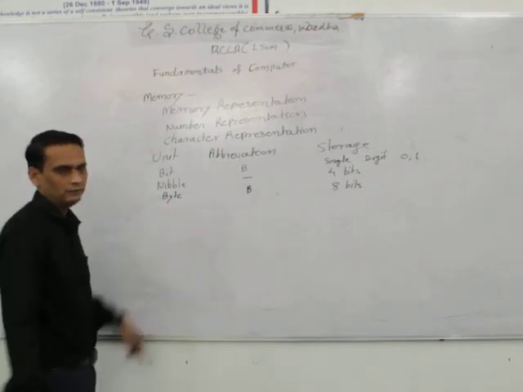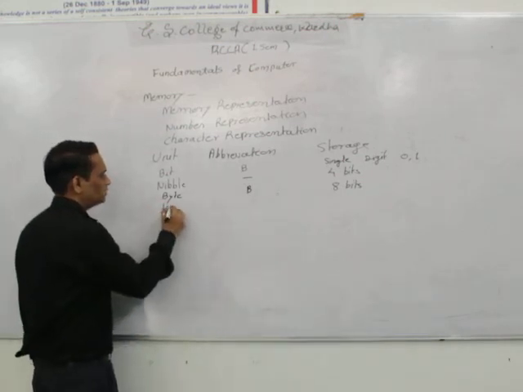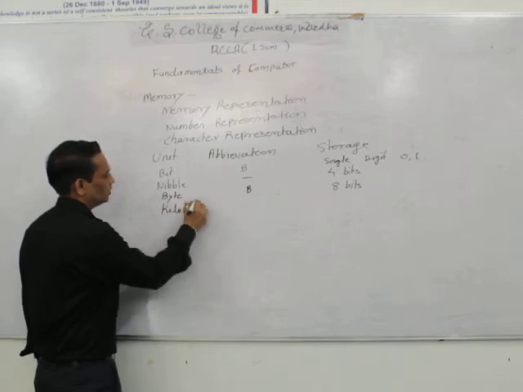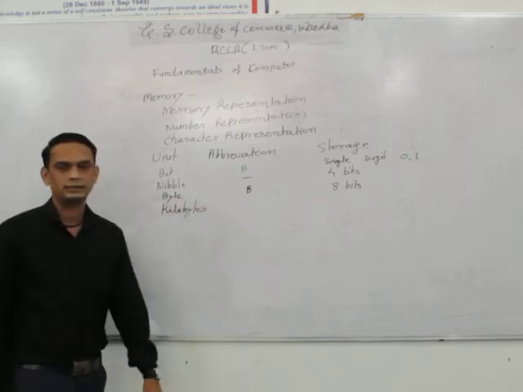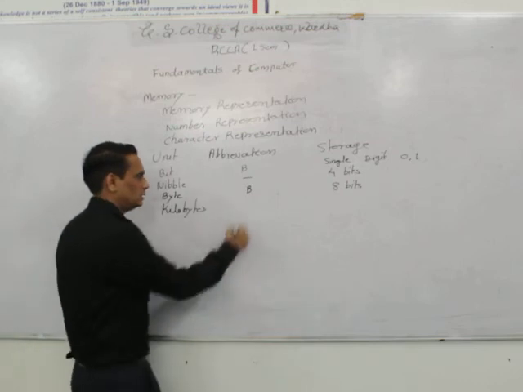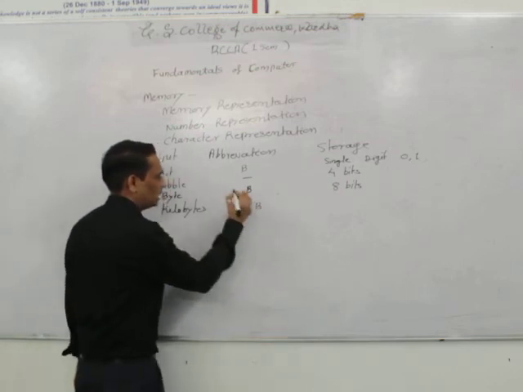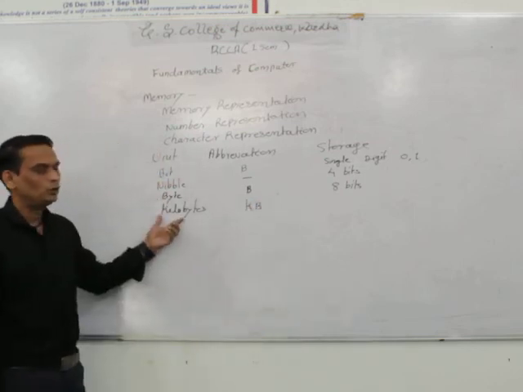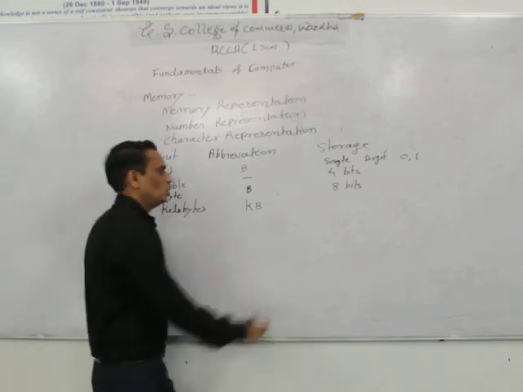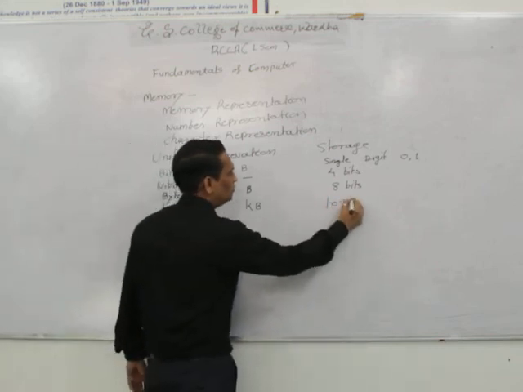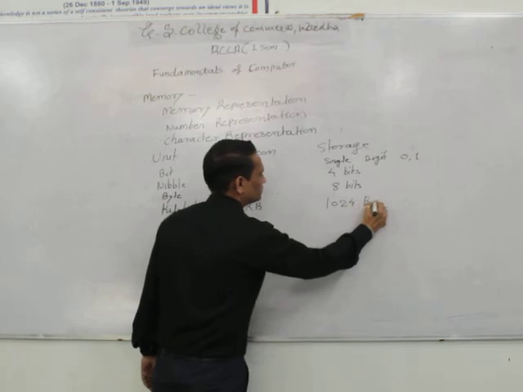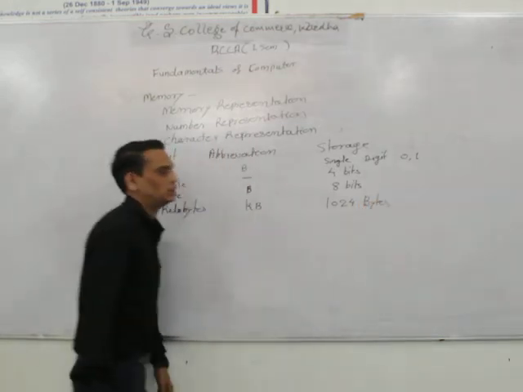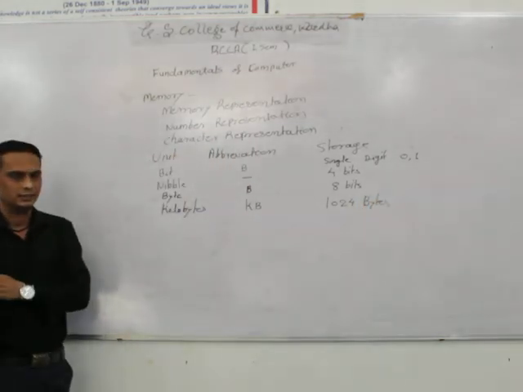After byte we have the kilobyte, abbreviated as KB, and 1 kilobyte equals 1024 bytes.